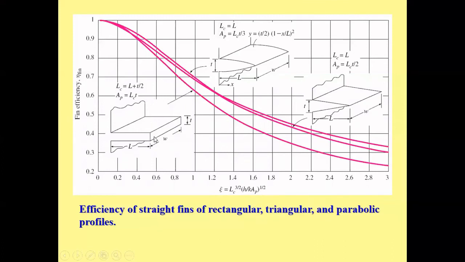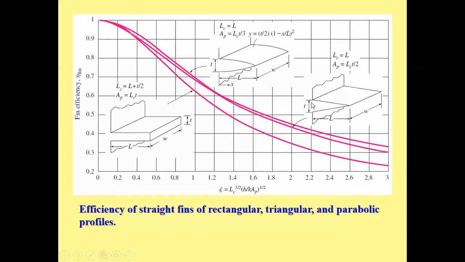For a rectangular fin, the Lc is given by this, and the Ap is equal to this Lc times t here, where t is the thickness. For triangular, the Lc is equal to L, and there is no characteristic length, but the Ap is equal to Lc times t divided by 2.